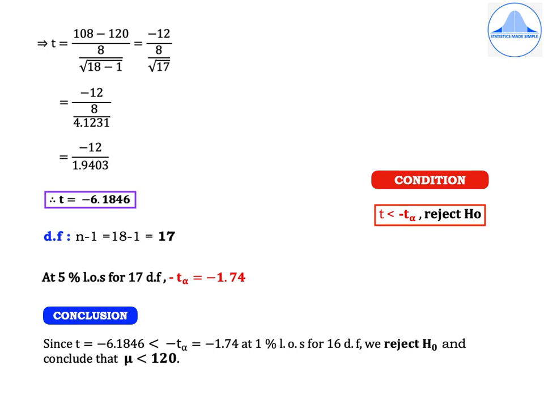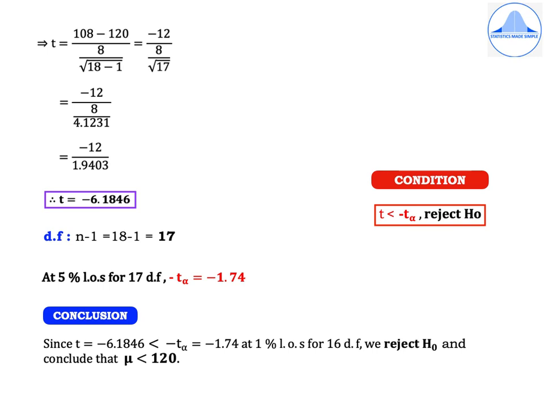Degrees of freedom is n minus 1, which is equal to 18 minus 1, which is equal to 17. The condition which is used for this left tail test is T is less than minus T alpha. If this condition is satisfied for n minus 1 degrees of freedom at 5% level of significance, then we'll reject H naught.